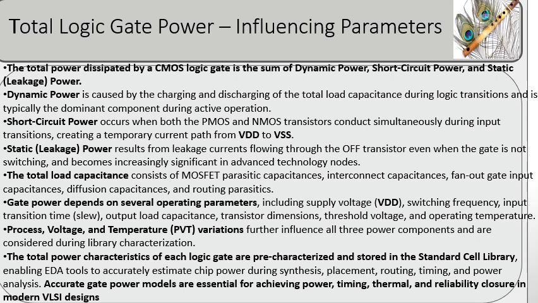These factors determine the relative contribution of dynamic, short circuit, and leakage power during circuit operation. To ensure accurate chip-level power estimation, every standard cell is pre-characterized over different process, voltage, and temperature, or PVT, conditions. These power models enable EDA tools to predict power consumption and support power-aware optimization throughout the physical design flow.